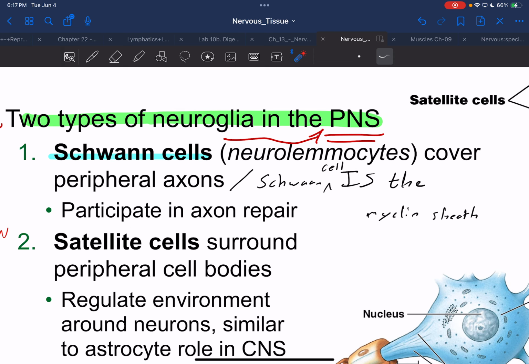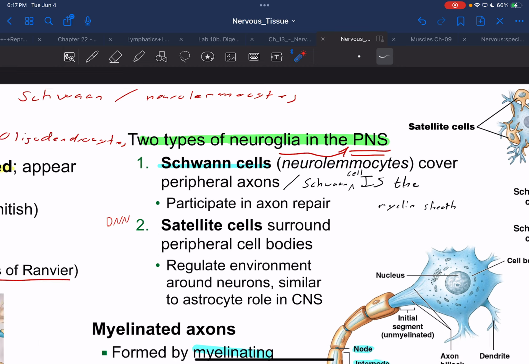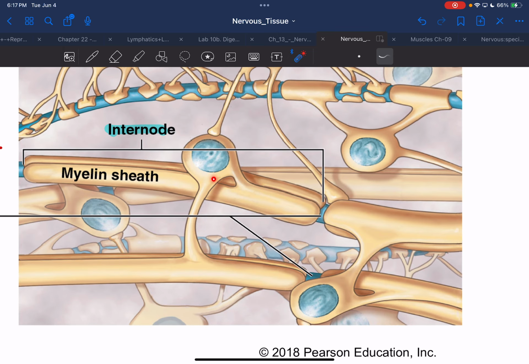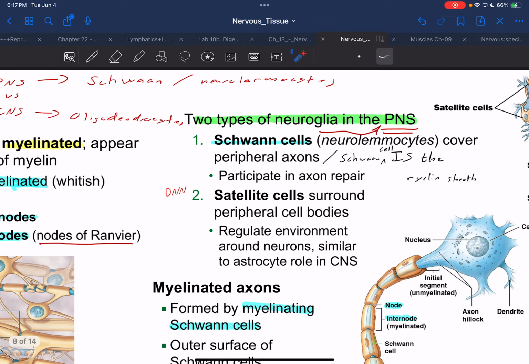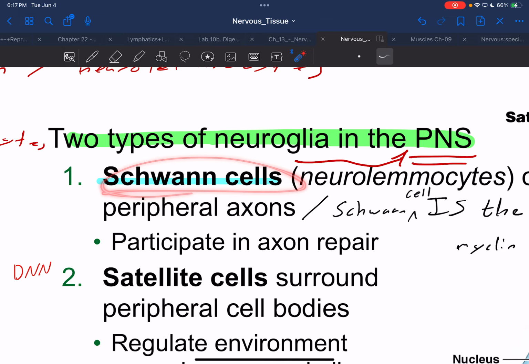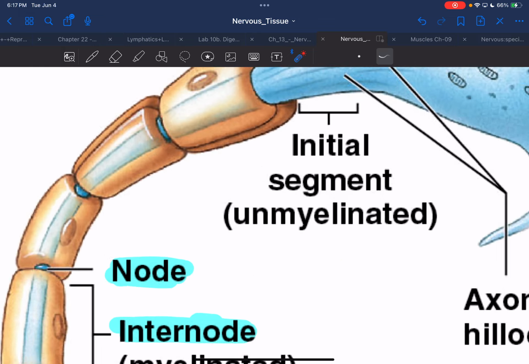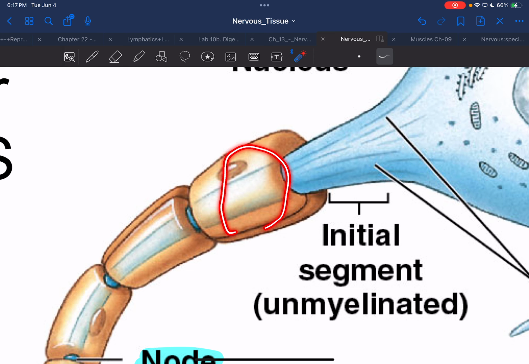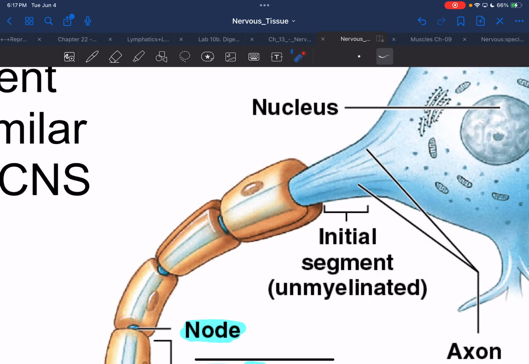And where it's slightly different, the oligodendrocyte used its little extensions, like its little leg extensions, to make the myelin sheath. But with a Schwann cell, the entire cell is going to wrap itself around to create a myelin sheath part, right?